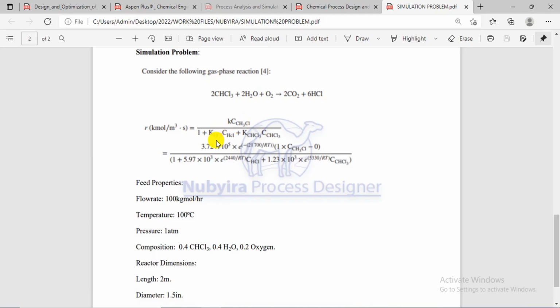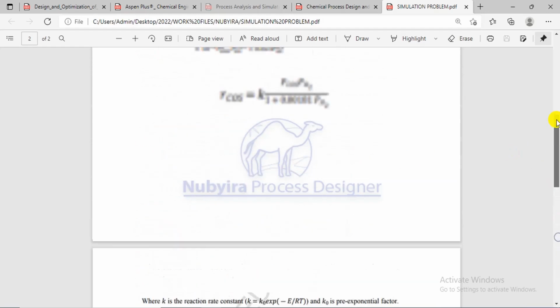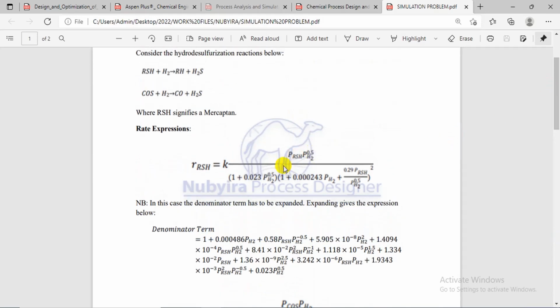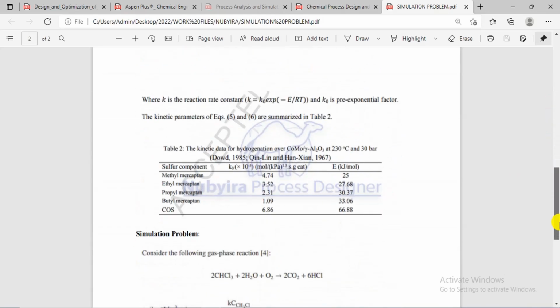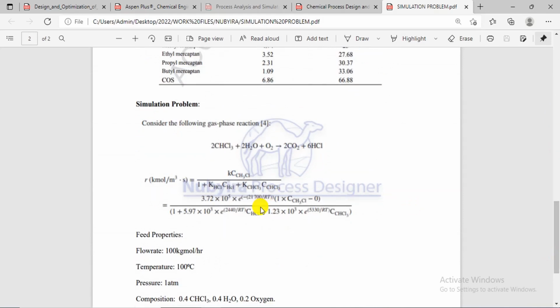Now, you have your rate expression, you have your numerator and your denominator. You see that this is quite different from the first one. In the first one, we had P in our numerator and denominator terms, which signified partial pressure, but in this case what we have is C, both in the numerator and in the denominator.